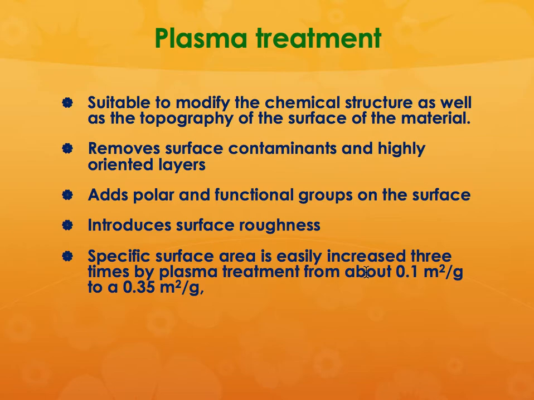It also introduces some kind of ridges and forms surface roughness, so the matrix can go inside those rough areas and cause some kind of mechanical interlocking. So by creating all these ridges and things like that, you are going to be increasing the specific surface area by 3 times by plasma treatment.